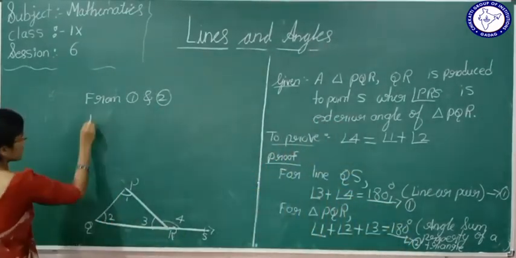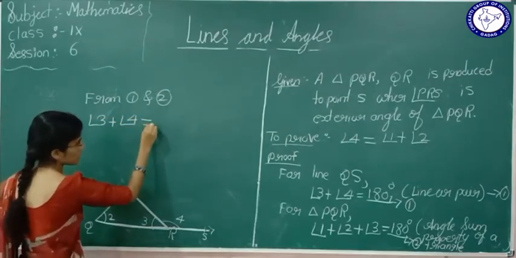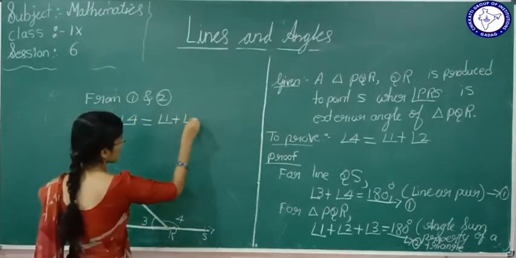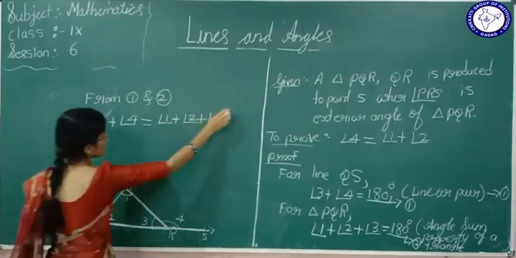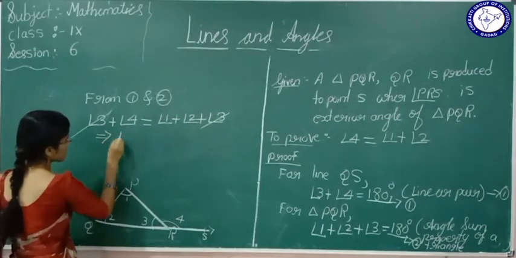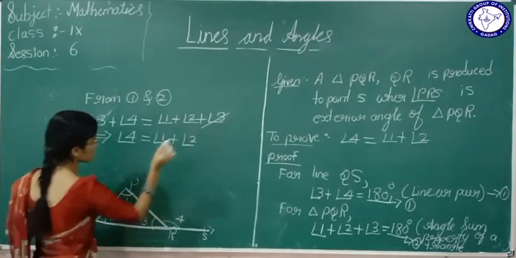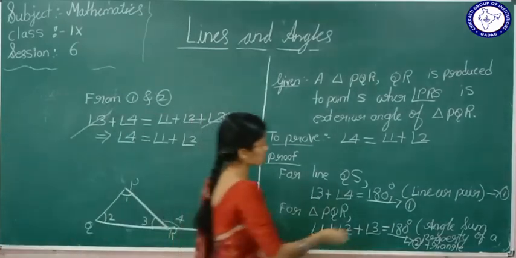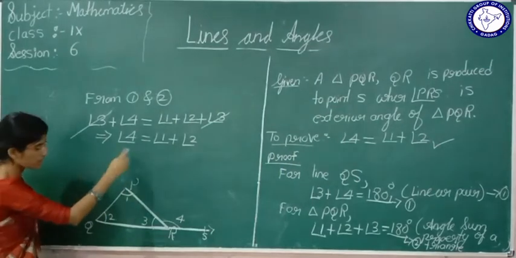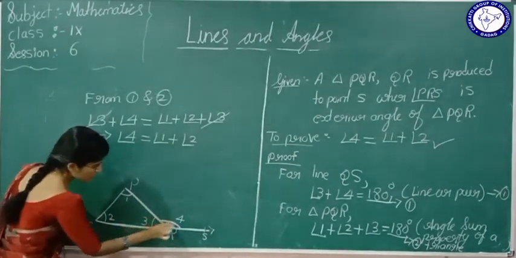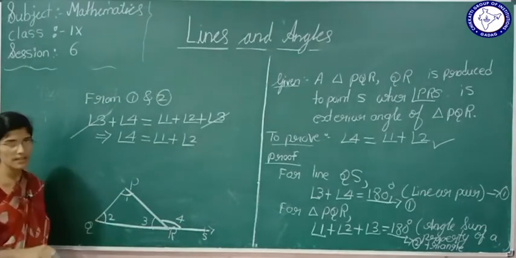That is, angle 3 plus angle 4 is equal to angle 1 plus angle 2 plus angle 3. Angle 3 will get cancelled. This implies angle 4 is equal to angle 1 plus angle 2. Now this only we wanted to prove, no? The same thing we have proved here. Exterior angle is equal to the sum of the interior opposite angles.